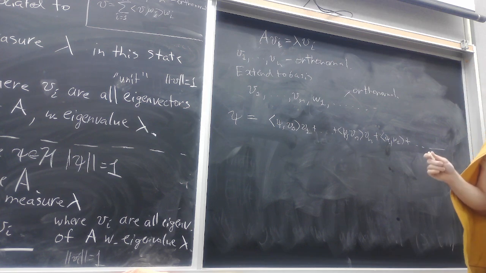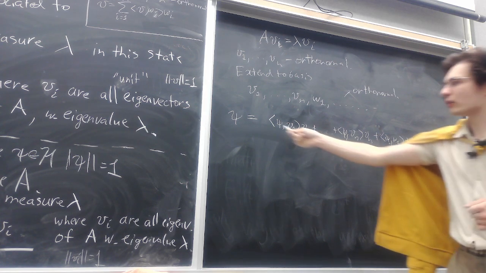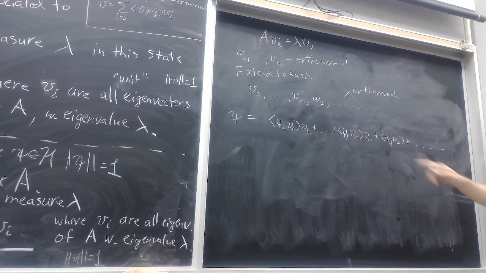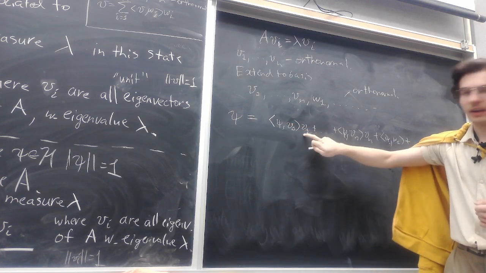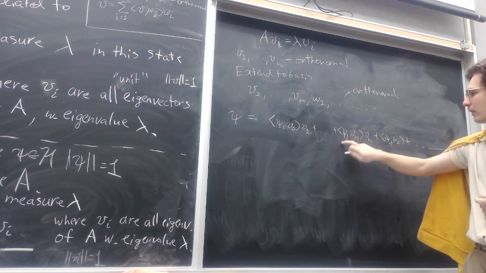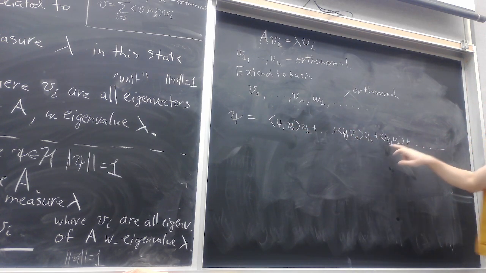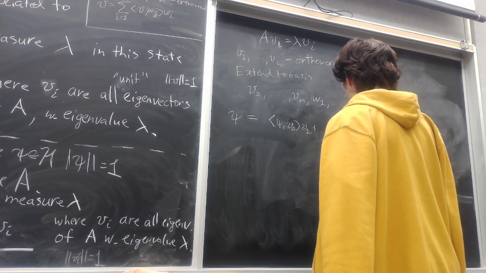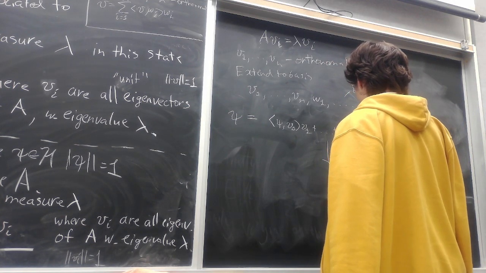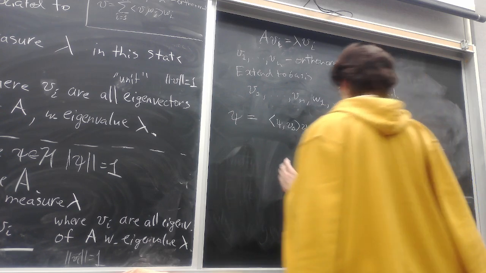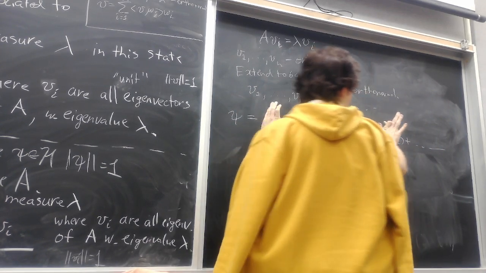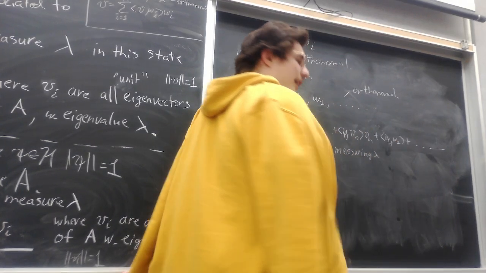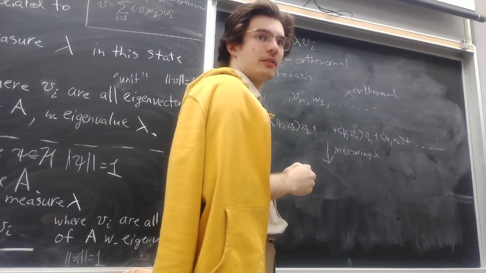Okay, then I can write out my vector like this. It's the inner product of the vector with v_1 times v_1, plus and so on, plus the inner product with v_n times v_n, and then plus the same thing with the w's, right? Okay. What I'm saying is measuring lambda just keeps this bit, forgets this bit, and then divides to make it have length 1.